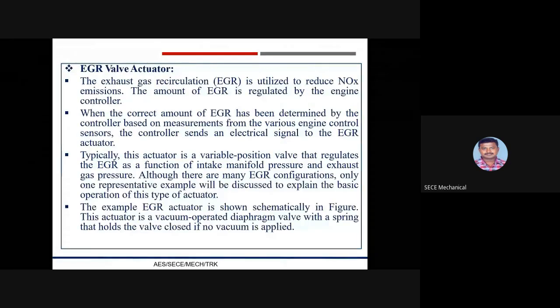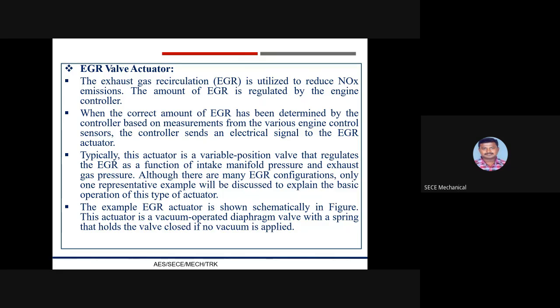Next, we can discuss the EGR valve, exhaust gas recirculation. So the exhaust gas recirculation valve actuators. In this, first of all you want to know what is meant by EGR. Okay.